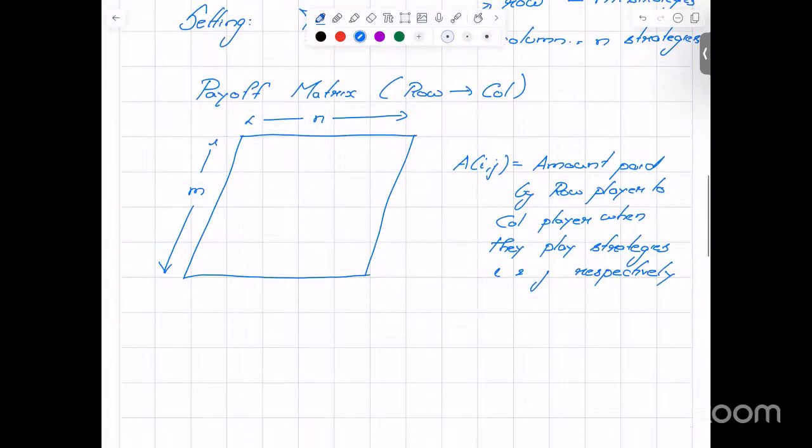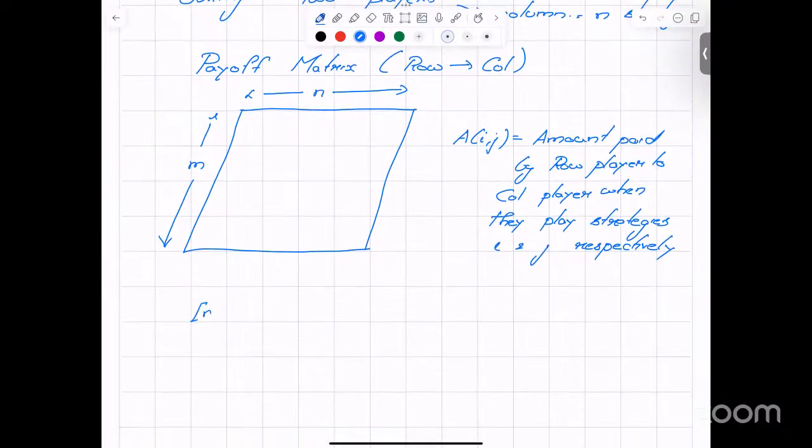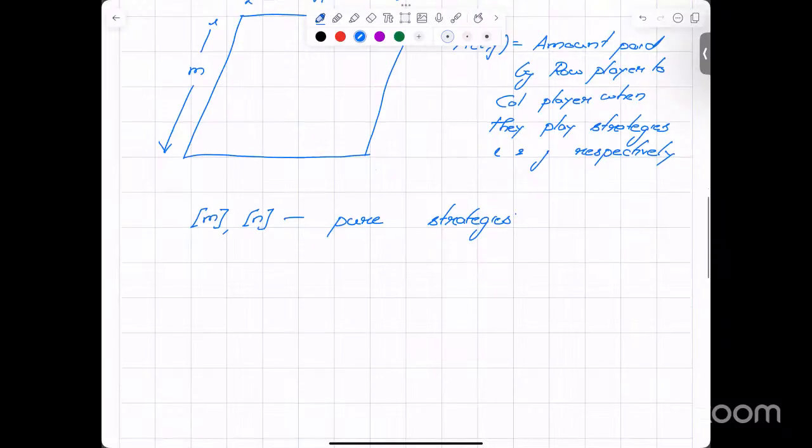This set of mn strategies are called pure strategies, because these are the original set of strategies. We can also have mixed strategies, and these refer to probability distributions over m and n.